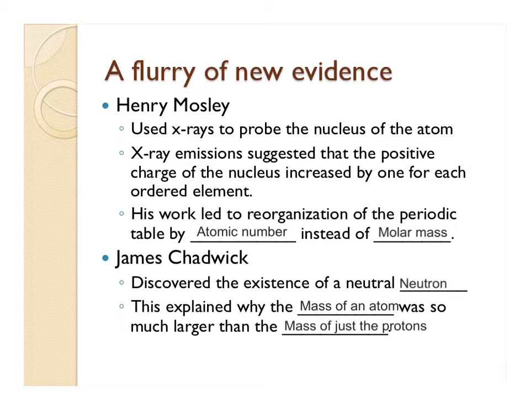The electrons are so small that they don't affect the mass much. It would be like saying that if I plucked a hair off the top of your head, it wouldn't change your weight. Yeah, I pulled something off, but it's so small you don't even notice. That's how electrons are in the atom.